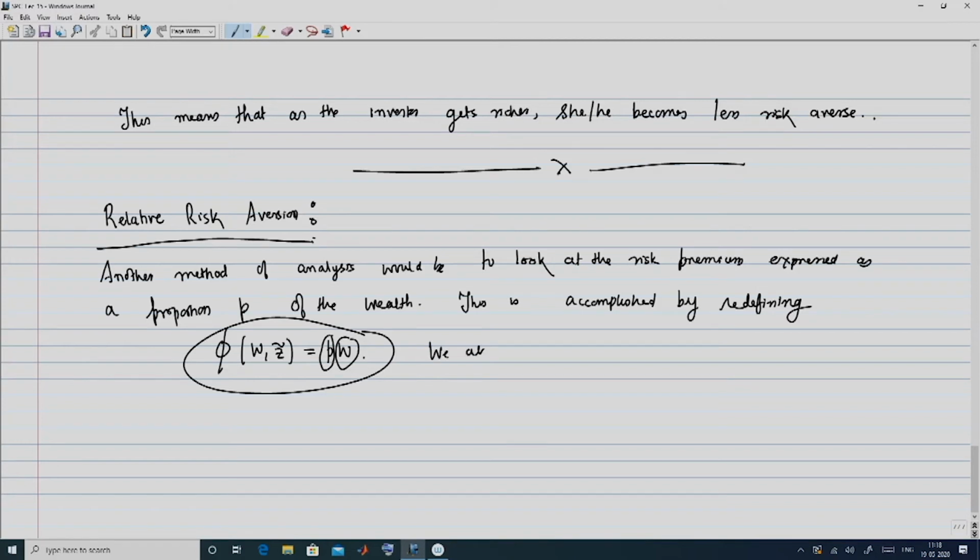By the same motivation, we also express the random payoff, which was z tilde, as r tilde of W, a proportion of the wealth level W, where r tilde is the rate of return.